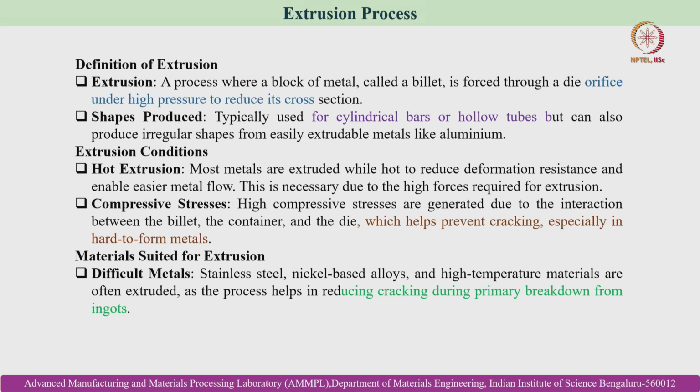The materials suited for extrusion are difficult metals such as stainless steel, nickel based alloys, and high temperature materials. They are often extruded, as the process helps in reducing cracking during primary breakdown from ingots, because the compressive stresses are mostly responsible for the reduction in dimensions of the initial ingot.